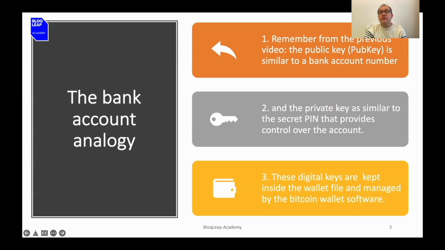And you need to remember that your public key and private key are the most important thing about this cryptography topic. Okay. So really, in a nutshell, your public key is like your bank account. Everyone can see it, you give it to people and people can send money to you.